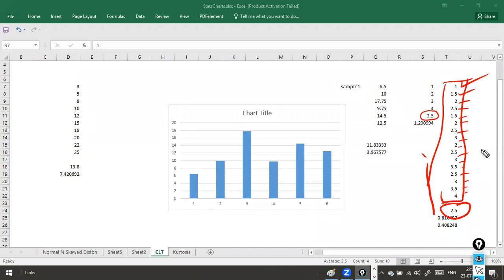This is also one of the principles of the central limit theorem: the mean of all the means of your sampling distribution is equivalent to your population mean. It is as simple as that.